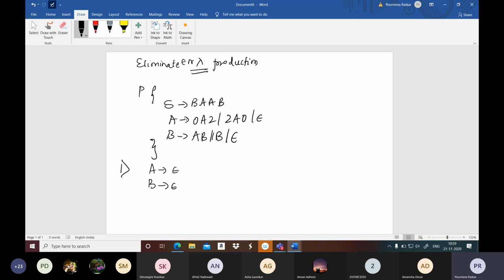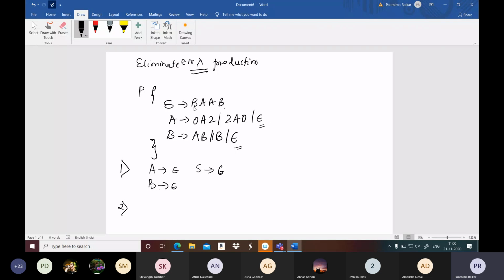Now just see, if I substitute A with epsilon, B with epsilon, A also generates epsilon, B also generates epsilon. That means these you can substitute with epsilon. So this is my first step. First I'll go for direct epsilon rules, that is A with epsilon, B with epsilon. Then check, using the substitution method, whether other variables also tend to epsilon.